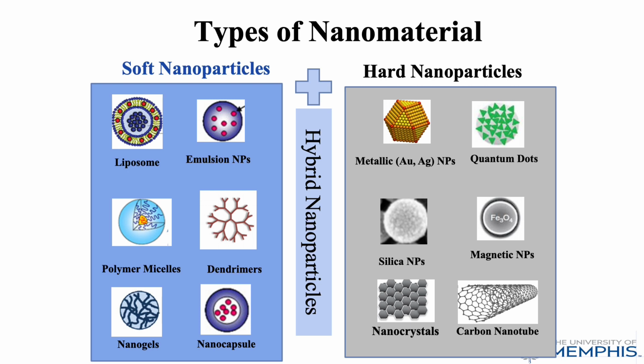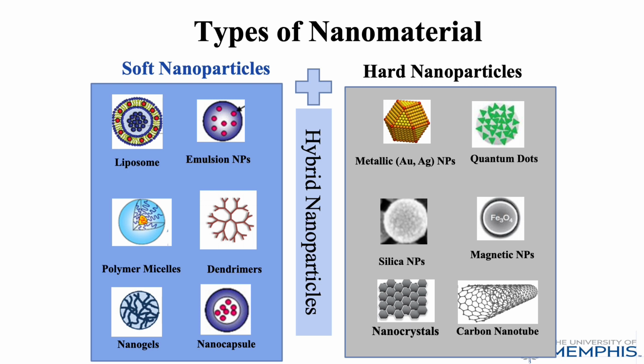You can also use emulsion polymerization to enclose the drug inside an emulsion nanoparticle. And then you have polymeric micelle, dendrimers, nanogels, nanocapsule. All of these nanoparticles are very soft, like the shape is kind of like a skin, and can fluctuate.